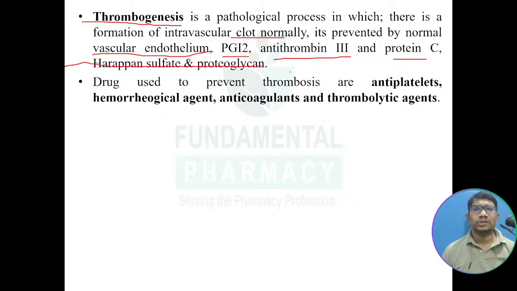These are the compounds which prevent thrombogenesis, the natural anticoagulants in the blood other than heparin.